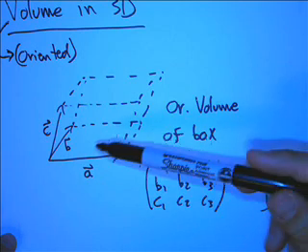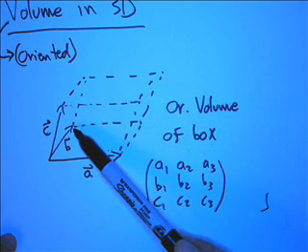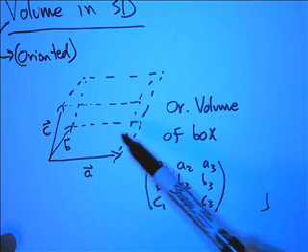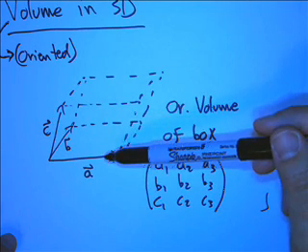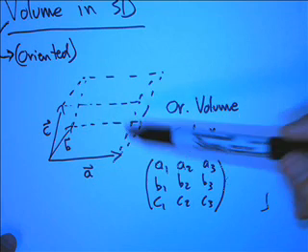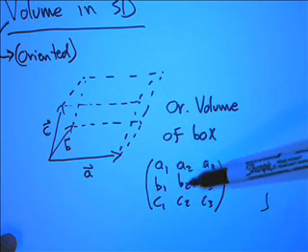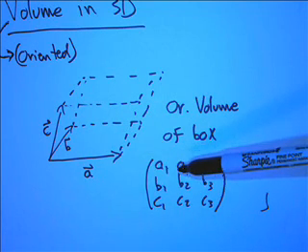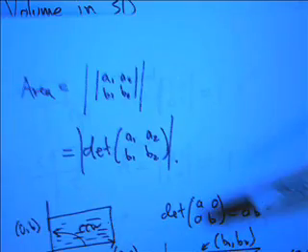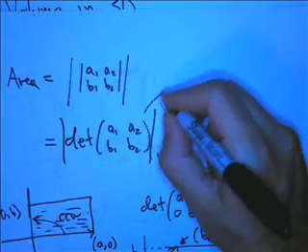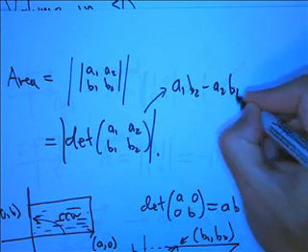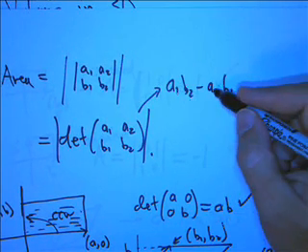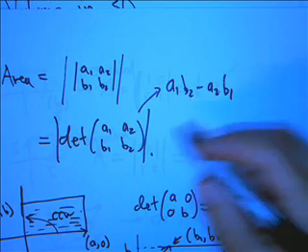What did we see in 2 dimensions? In terms of the orientation, if you look at the formula for the 2 by 2 case, remember what it was: A1, B2 minus A2, B1. If I flipped the sign of A, that flipped the sign of the determinant, of the area.